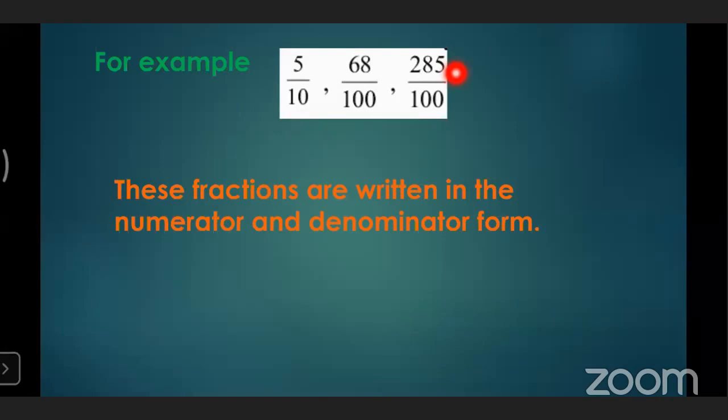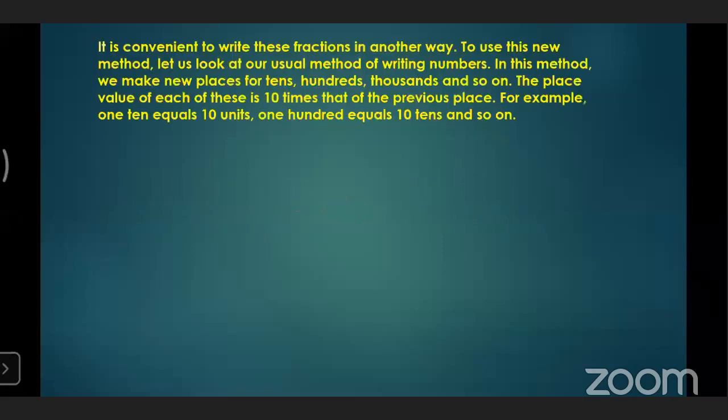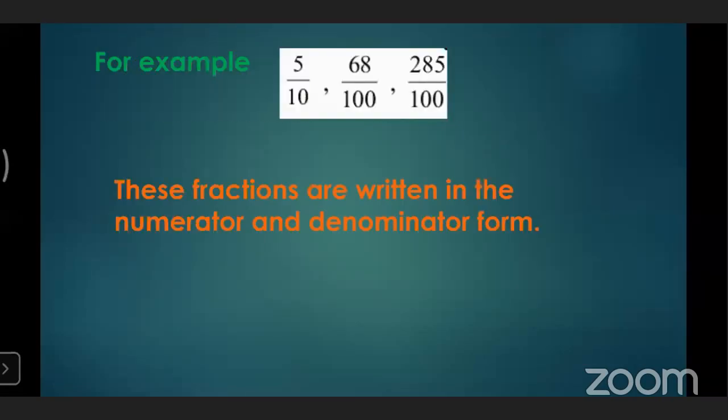Now observe the denominators of all these fractions: 10, 100, 100. These fractions are written in numerator and denominator form, and the denominators are 10, 100 and 100. So these are decimal fractions.